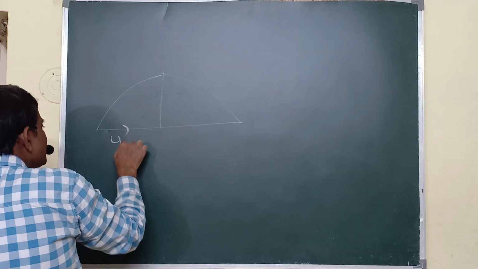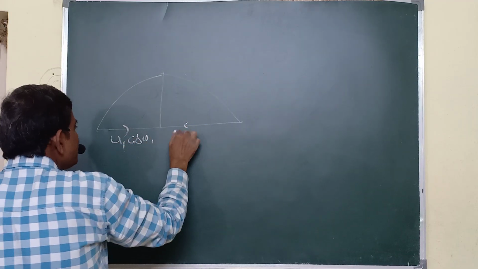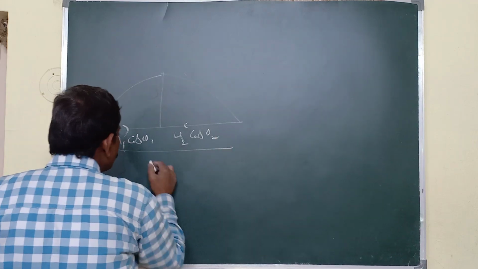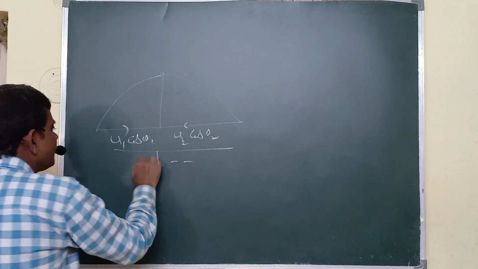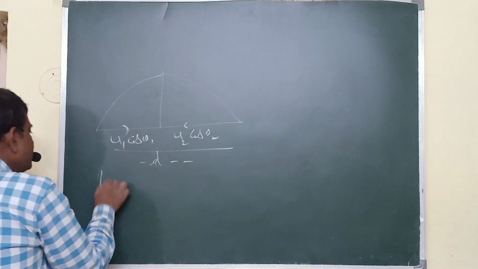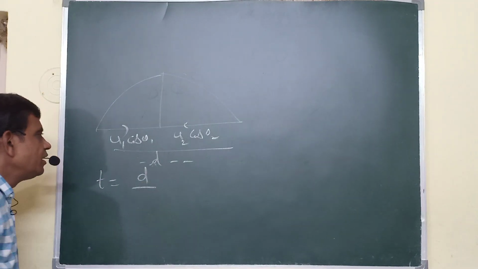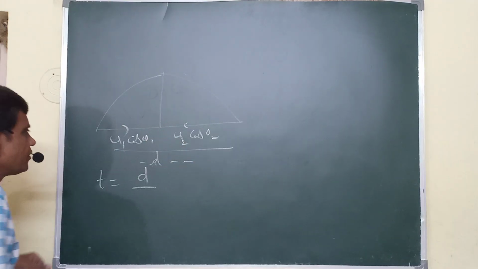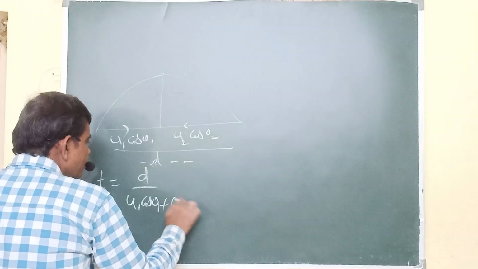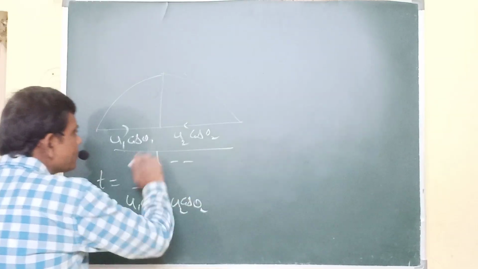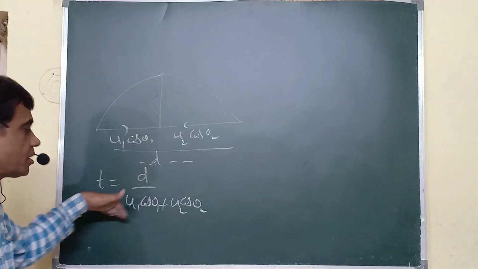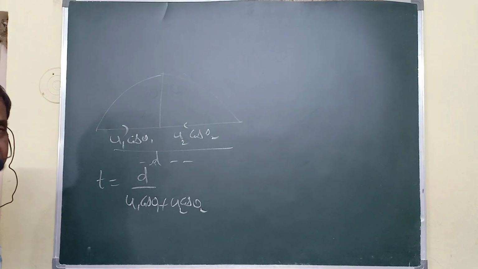This velocity is u1 cos theta 1, and this one is u2 cos theta 2. This distance, for example, I am taking as d. What is the formula for time? Distance by relative velocity. Taking the horizontal velocity, it is u1 cos theta 1 plus u2 cos theta 2, because they are in opposite directions, so we add for the relative velocity. So this is the concept we are taking for meeting or colliding.